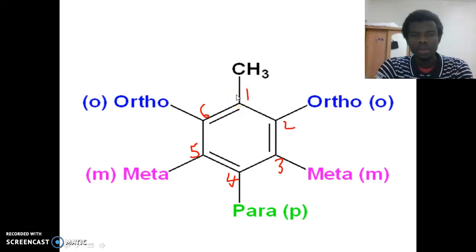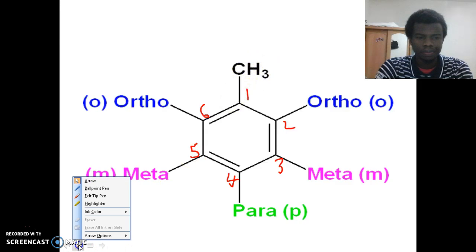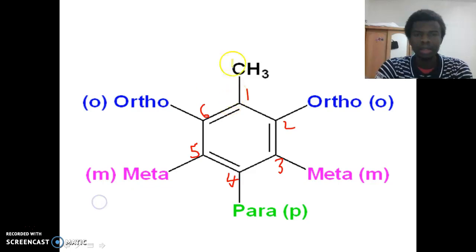Now let's have a quick summary about ortho, meta, and para. Now let's consider these substituents. Methyl. Now it is very clear that methyl and this substituent here, their relationship is 1,2.